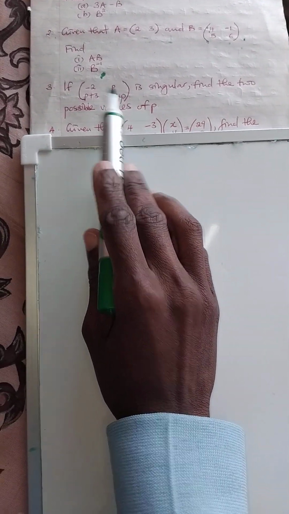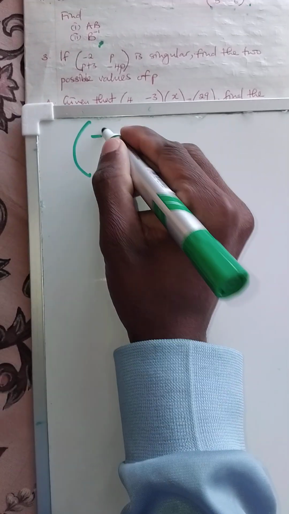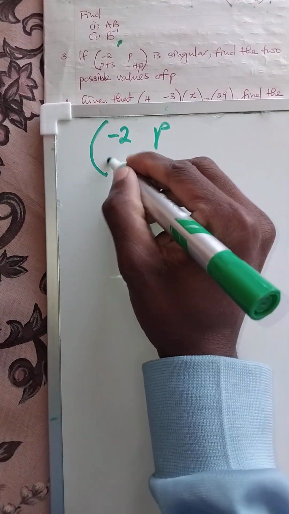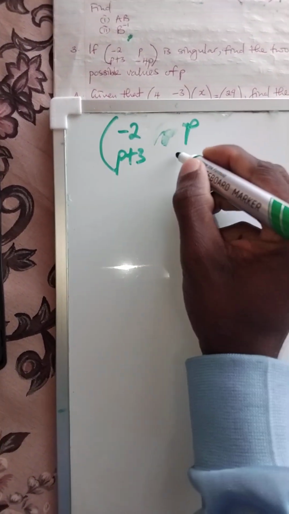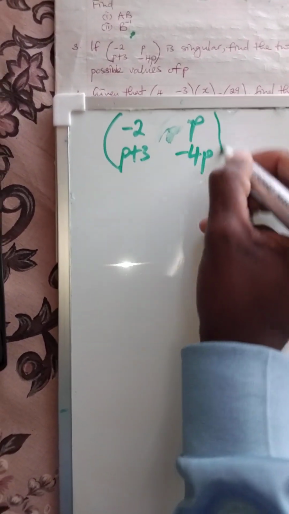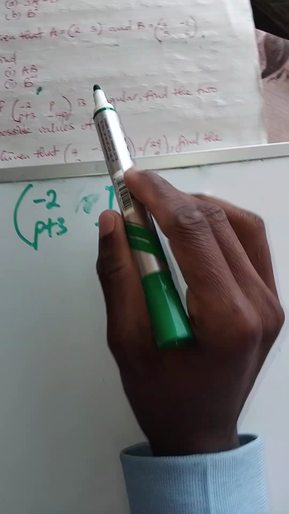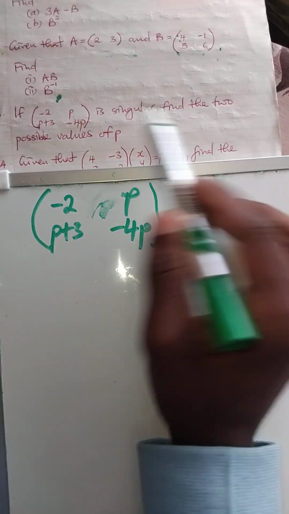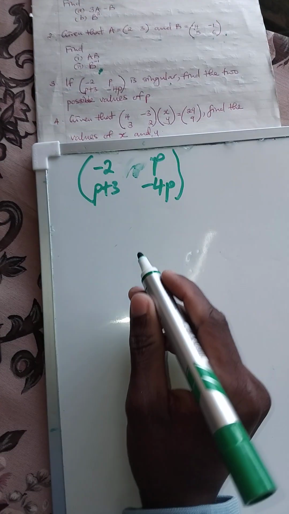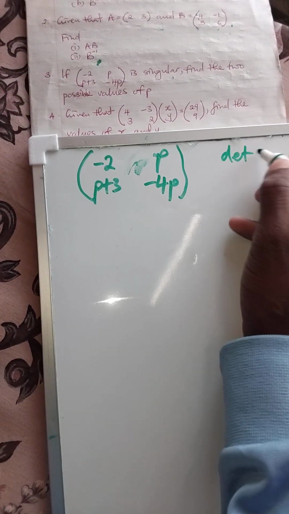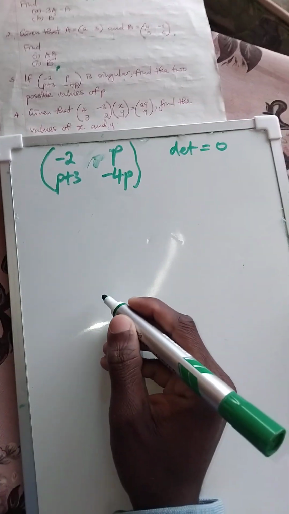Right, and if the matrix with -2p, p plus 3, p and -4p is singular, find the two possible values of p. If it is singular, we know our determinant is 0.